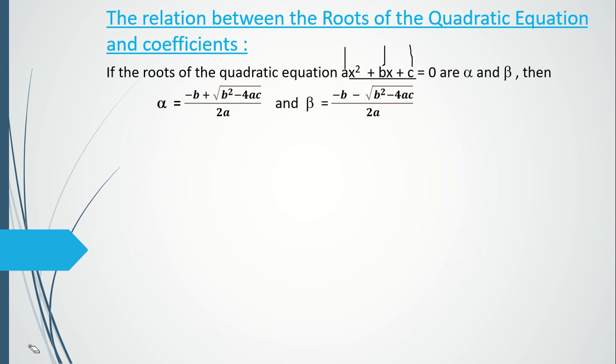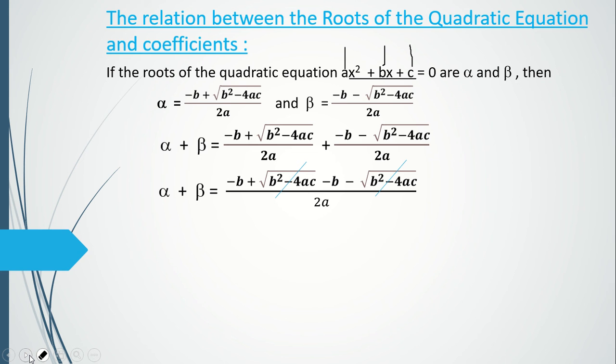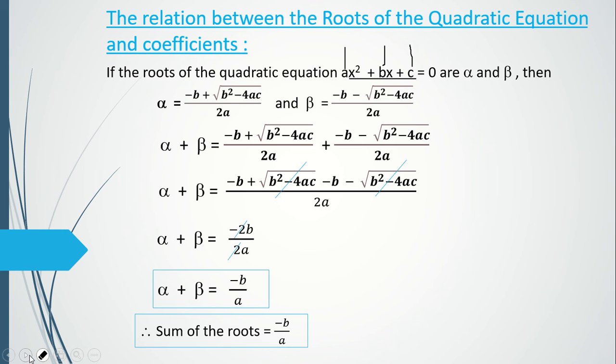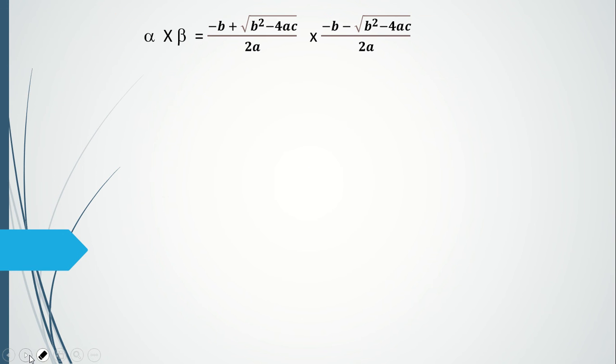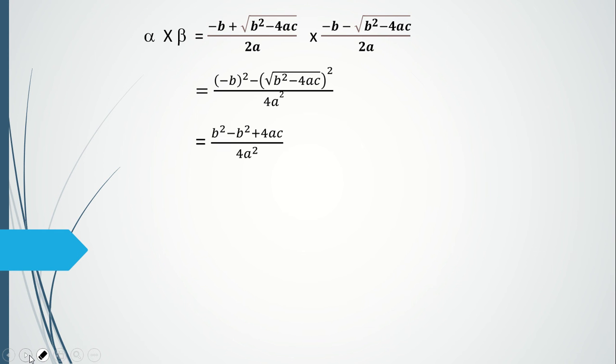So in case you forget the formula, you will still know how the formula comes, right? So see here, it gets cut and you are left with alpha plus beta is minus b upon a, an important formula to be remembered. Okay, the sum of the roots, and then the product of the roots, we get this way, c upon a.